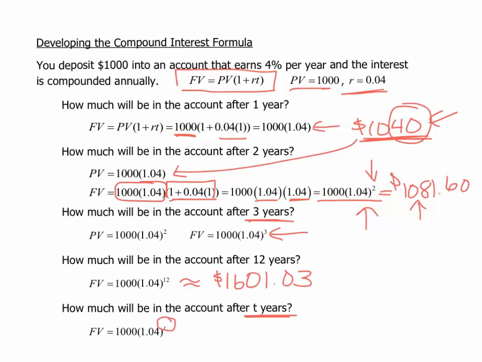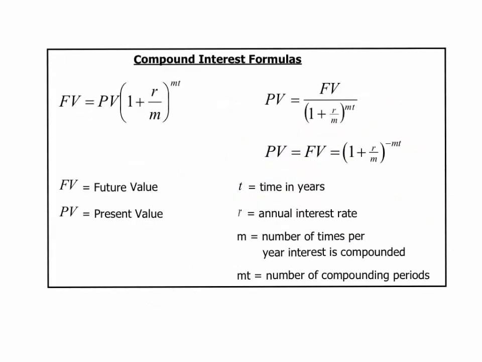So let's see what the actual formula is for compound interest. Let's look at our compound interest formulas. Before we look at the actual formulas, let's talk about what the variables represent. So in simple interest, we had future value and present value being FV and PV.